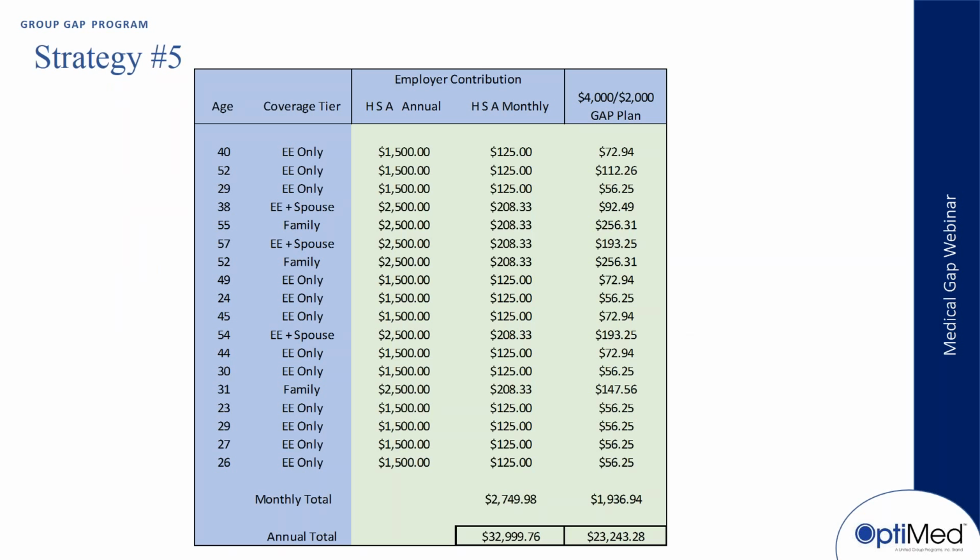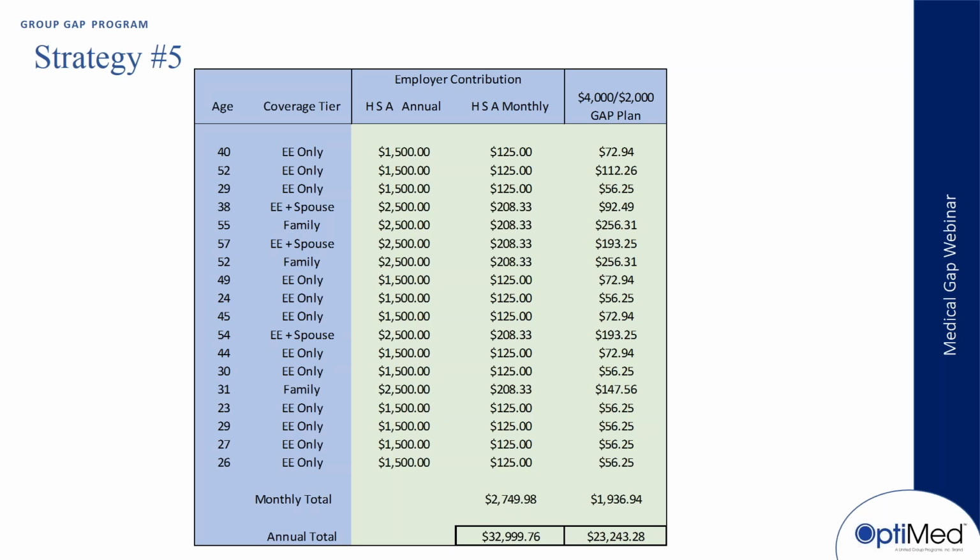So this is just a comparison of monthly HSA contributions for a group. This is a smaller group, obviously. They were contributing $2,500 for employee plus spouse and $1,500 for employee only into their HSA, versus what a $4,000/$2,000 gap plan would cost them.